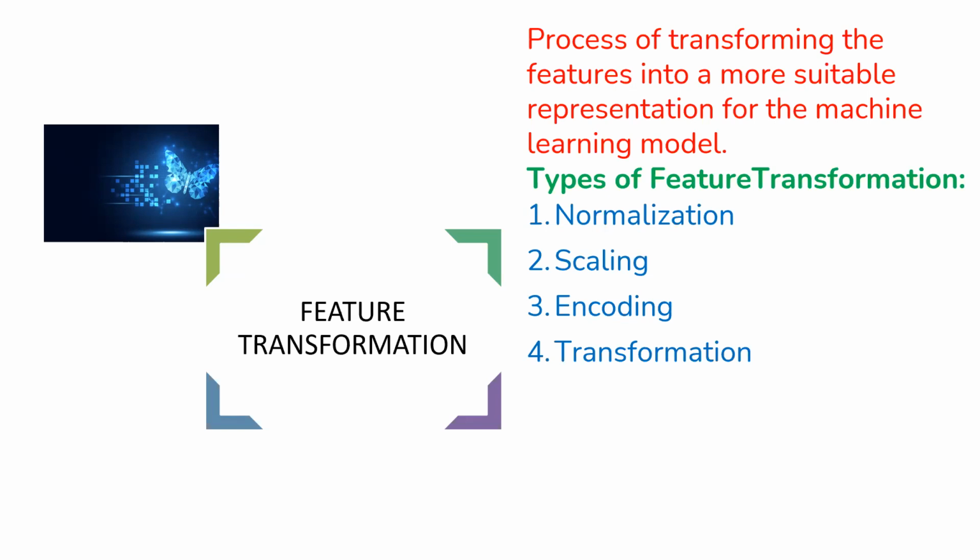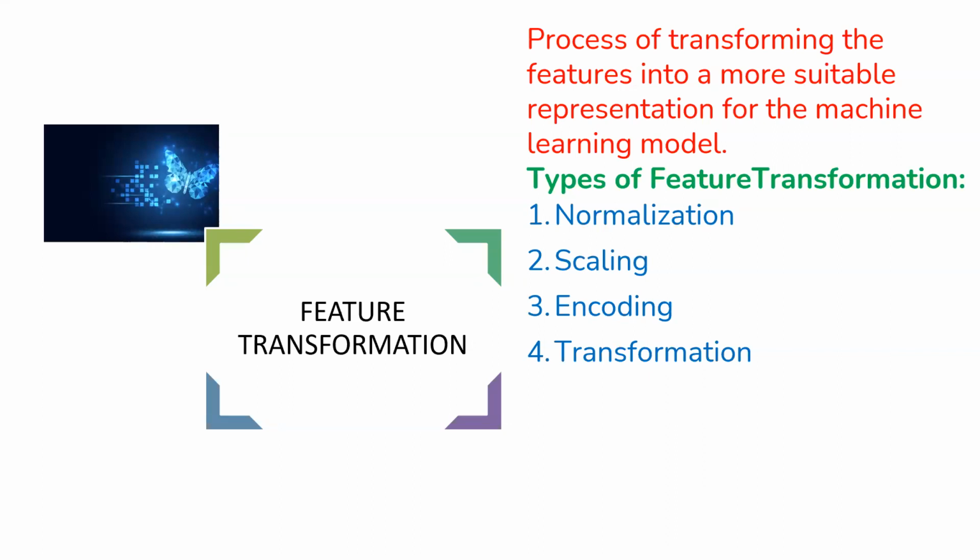In encoding, we transform the categorical features into numerical representation. And finally, in the fourth type of feature transformation, which is called transformation, we transform the features using mathematical operations to change the distribution or scale of the feature.